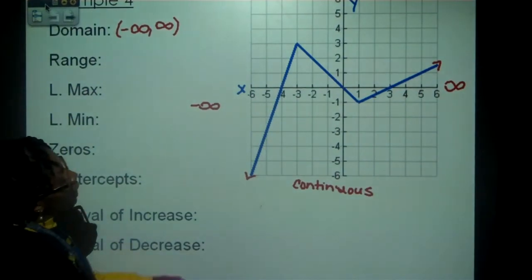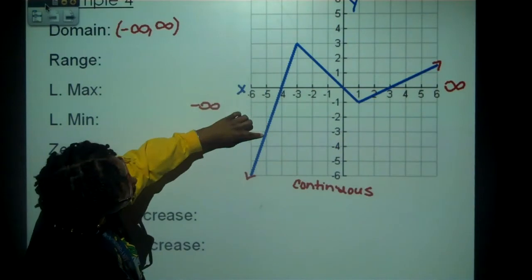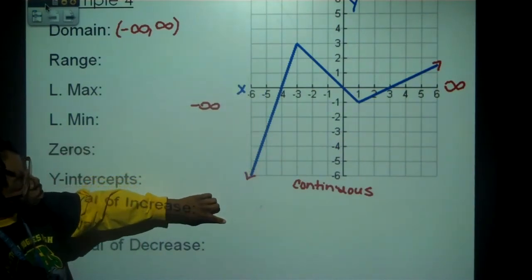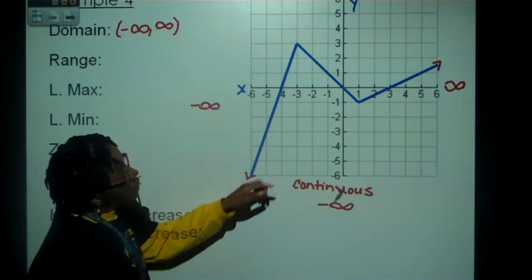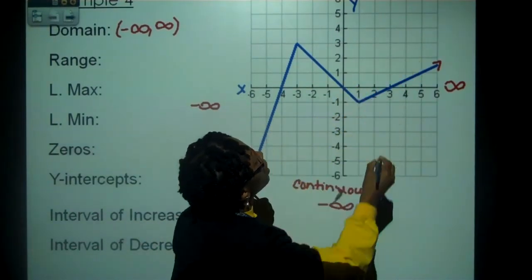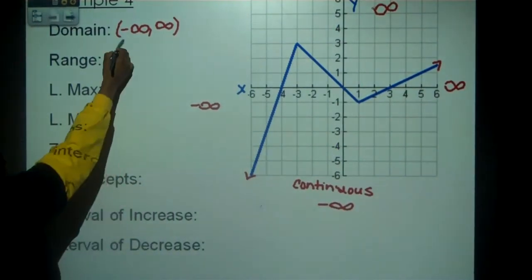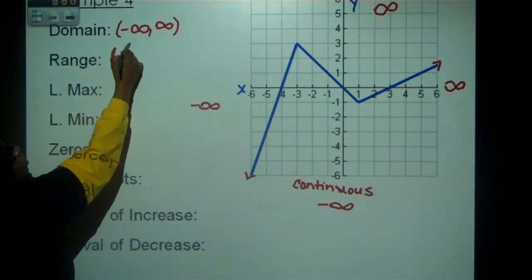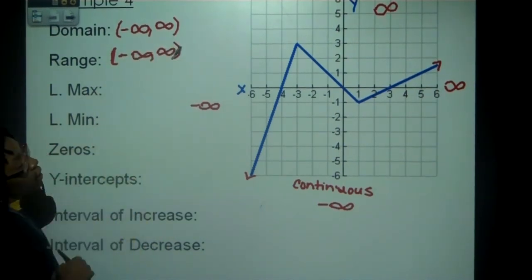Again, we have a continuous graph, which tells me that if this graph continues to go down in this direction, it's approaching negative infinity. If it continues to go up, it's approaching positive infinity. So my range for this particular graph is going to be negative infinity to positive infinity.